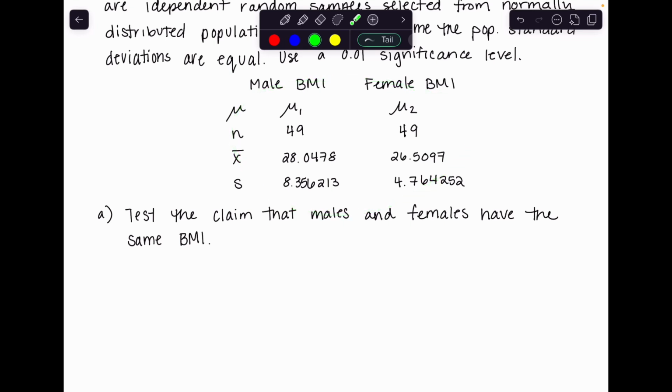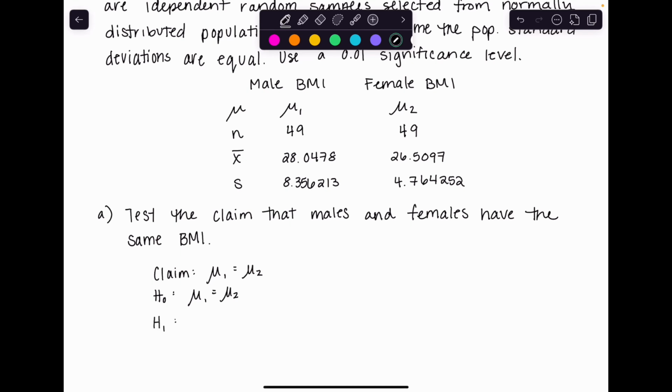My first population is males, my second population is females, and I want to test the claim that their true means are equal. So our claim here is that mu1 is equal to mu2. So that is exactly our null hypothesis, which means that the difference in these two is going to be 0.